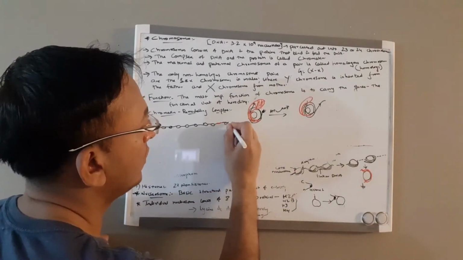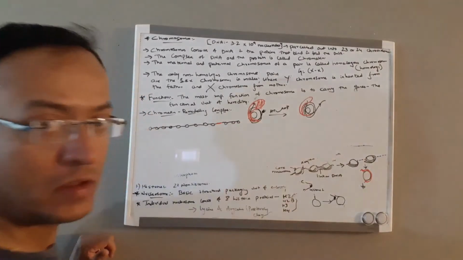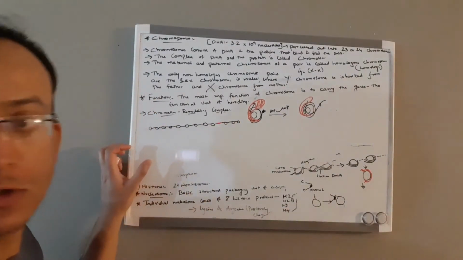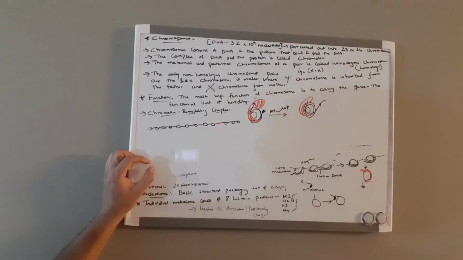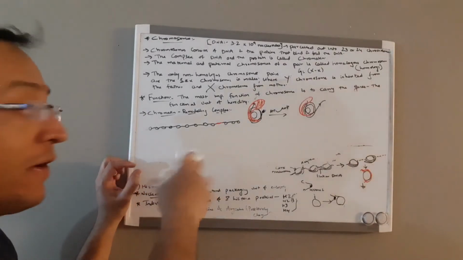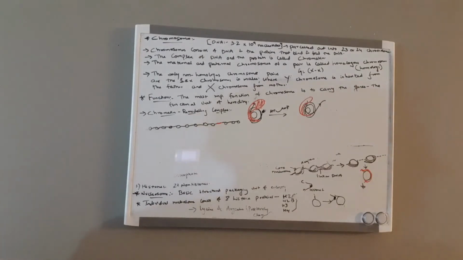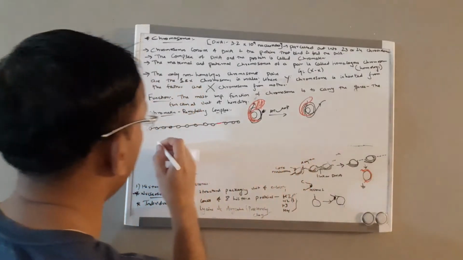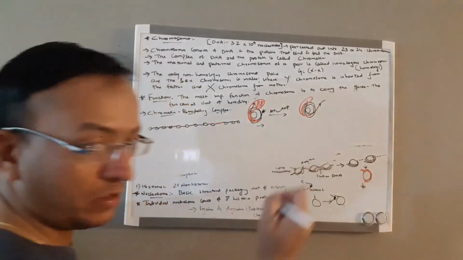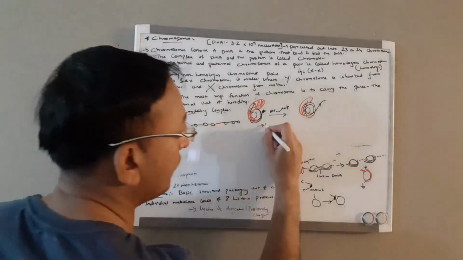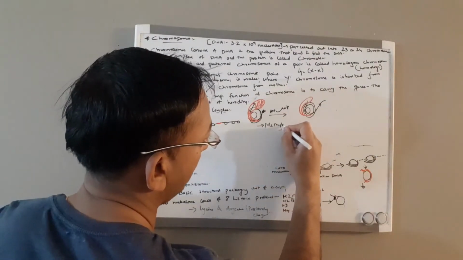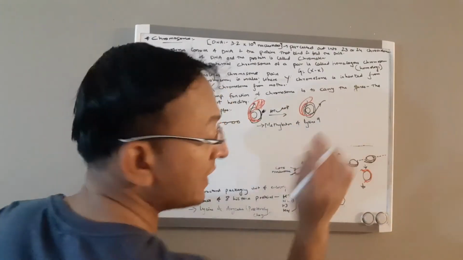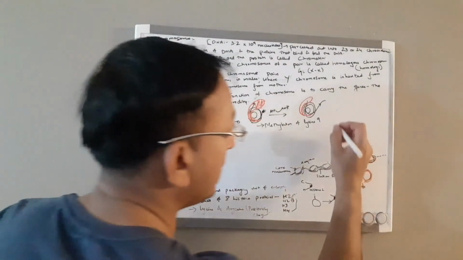I'm trying to make it very simple. So for example, this is our chromatin, just using it as an example. So the first modification, what happens in that? The modification that directs the formation of the heterochromatin includes methylation. So I will write it down here. That includes methylation of lysine 9, at position 9 in histone H3.